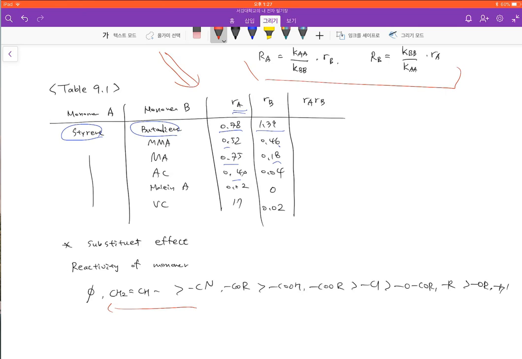So in this order, since the substituents on the left side have much greater resonance stabilizing ability, the monomers with these substituents like styrene, butadiene, acrylonitrile, etc., have much greater reactivity compared to other substituents.